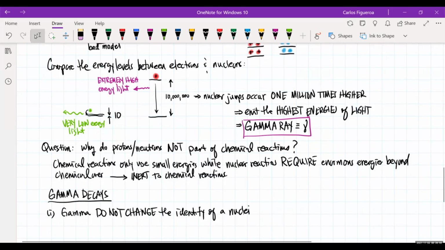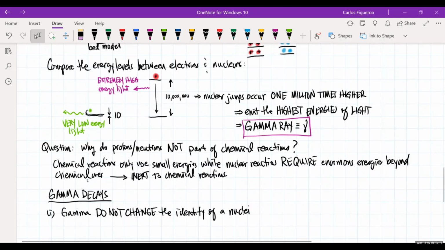And so the way we can look at this is that the nuclei must start in an excited state first.